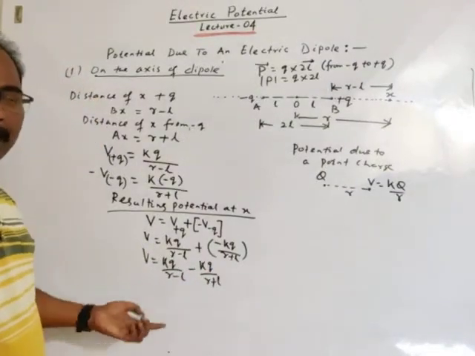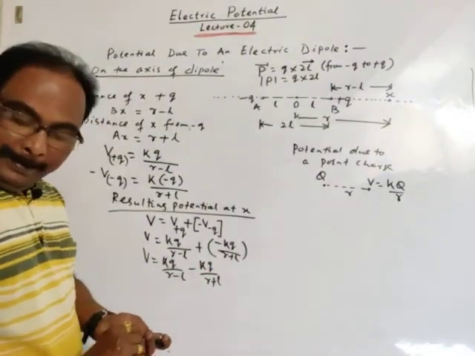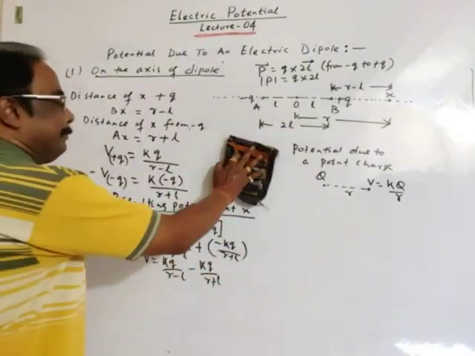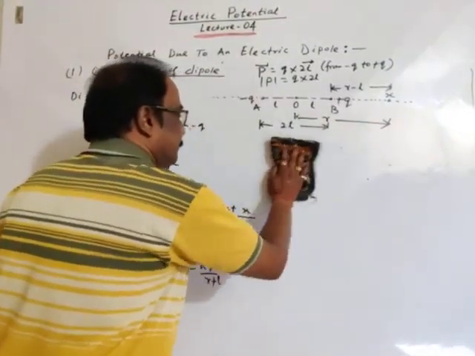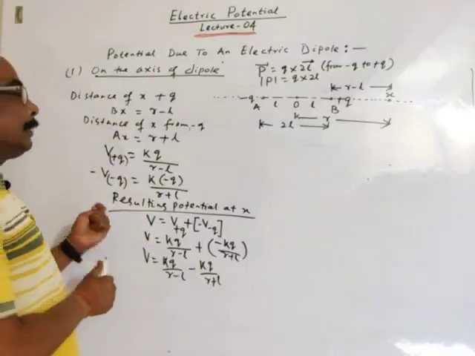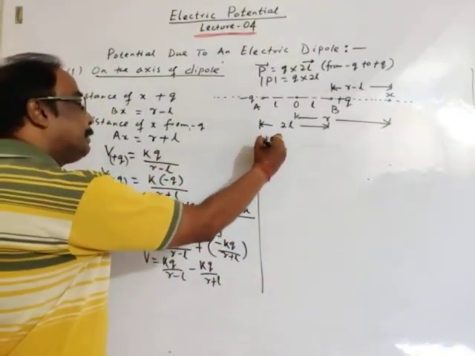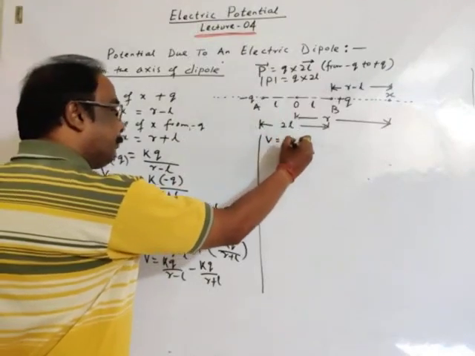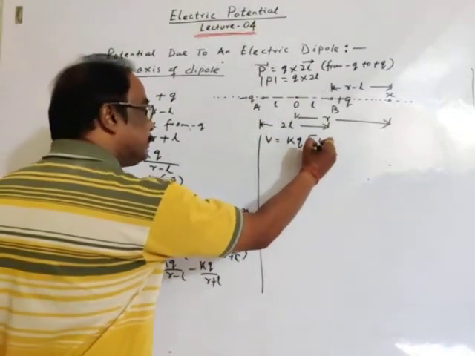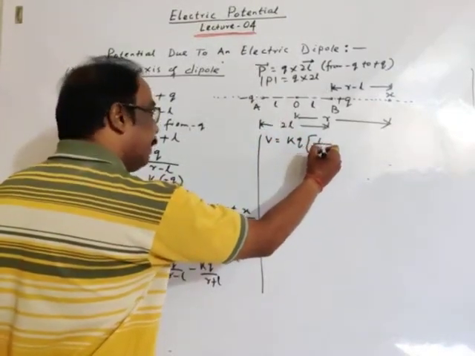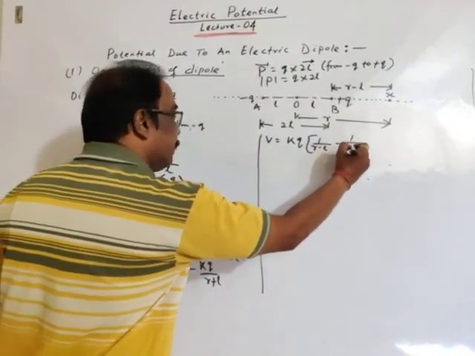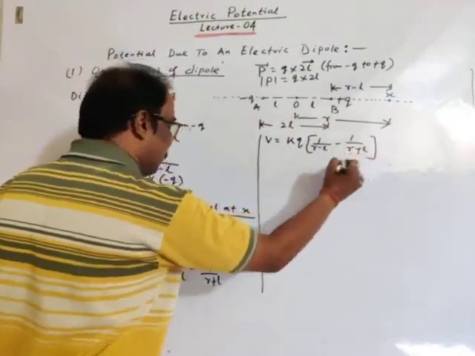Now we will only solve it. We just have to solve the equation. So resulting potential V is equal to kq, bring it common, inside the bracket 1 by r minus l minus 1 by r plus l.